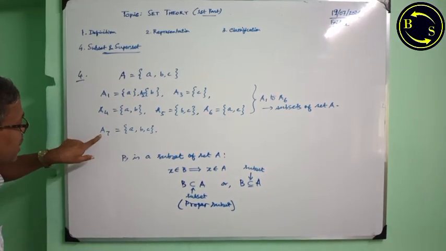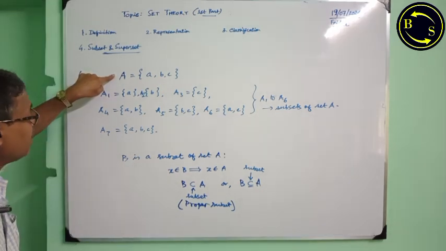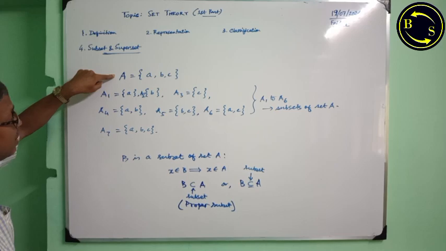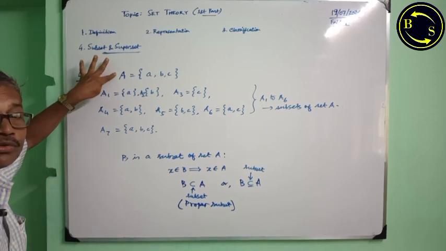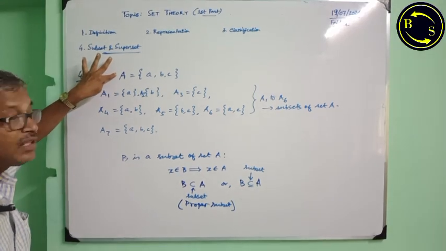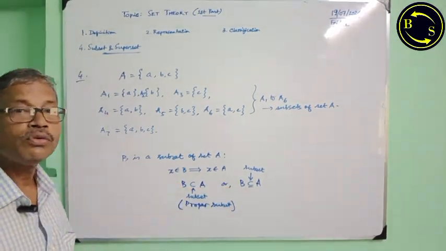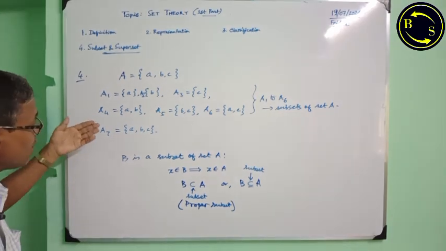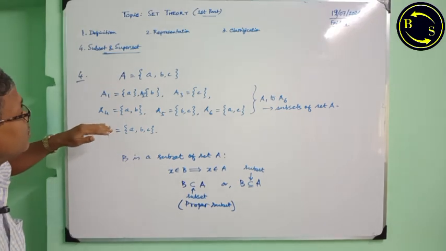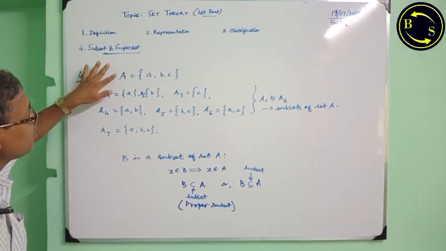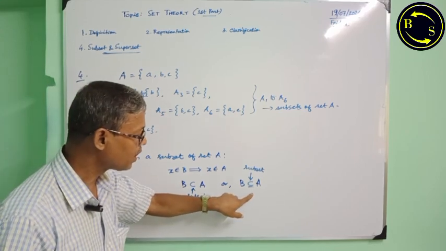Now you see A7, that is same as that of set A. Therefore we can say set A is also subset of itself. Keeping that in mind, we use this symbol if we don't know whether the number of members of the set are same as the number of members of the given set.